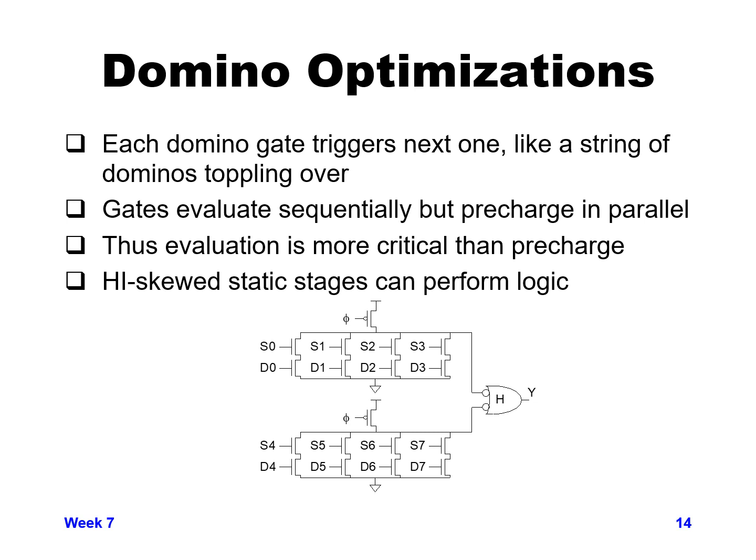But the gates will only evaluate in sequence, like one domino toppling over because the previous one caused it to topple over. So, like I said, domino gates evaluate sequentially when they're doing evaluation, but when the clock sends the domino gates into precharge, they all precharge in parallel.